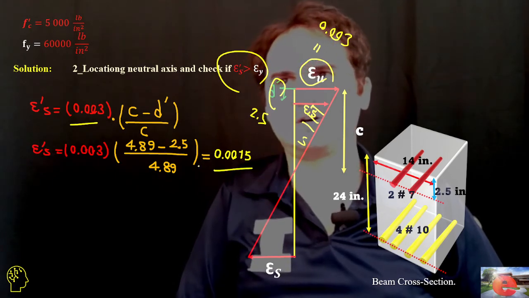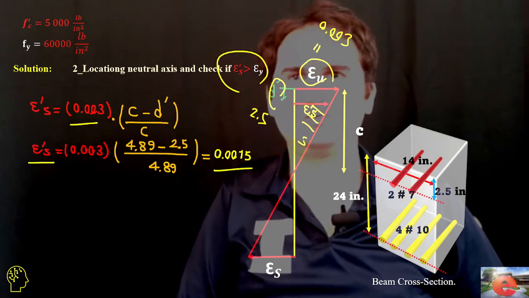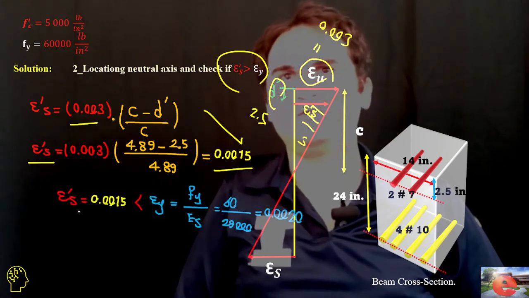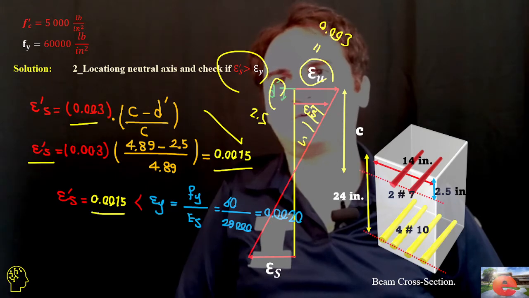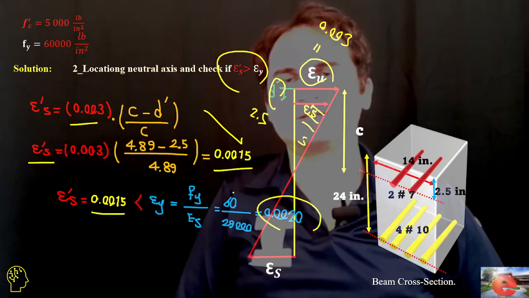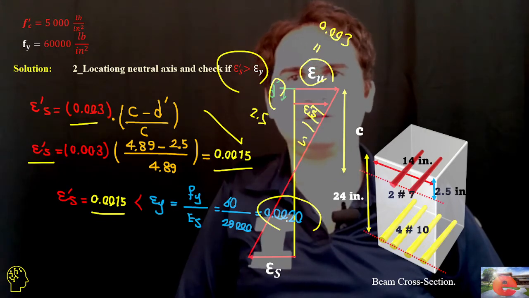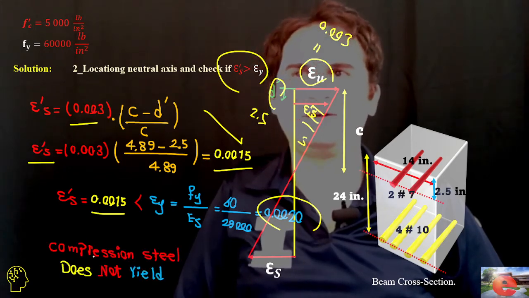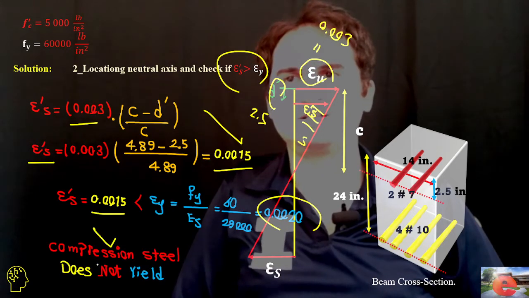It gives us epsilon prime s equal to 0.0015. And epsilon prime s of 0.0015 is less than epsilon y, which is 60 over 29,000, or 0.0020, and definitely it's smaller. So compression steel does not yield.